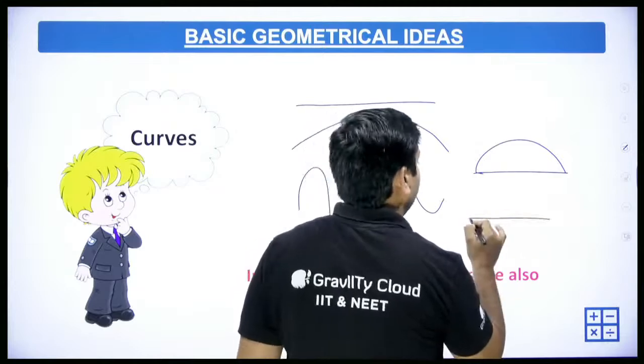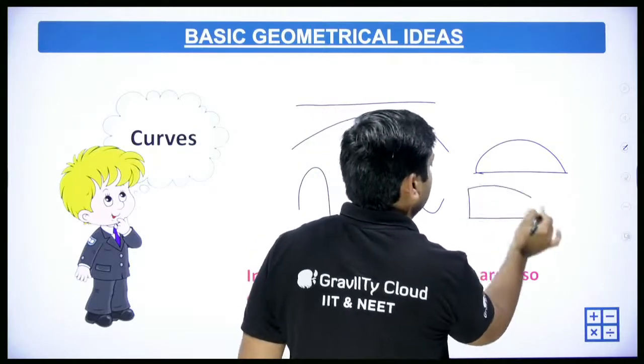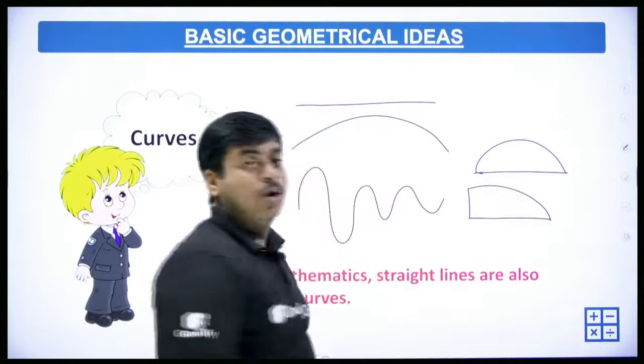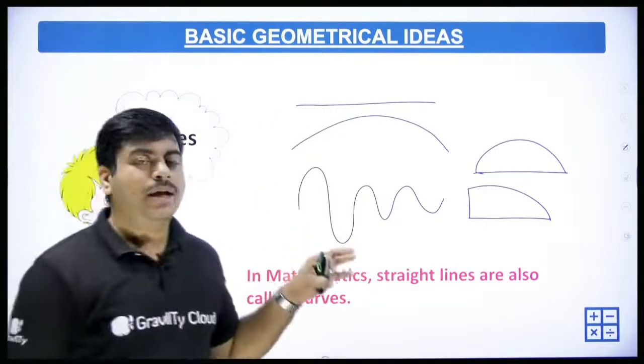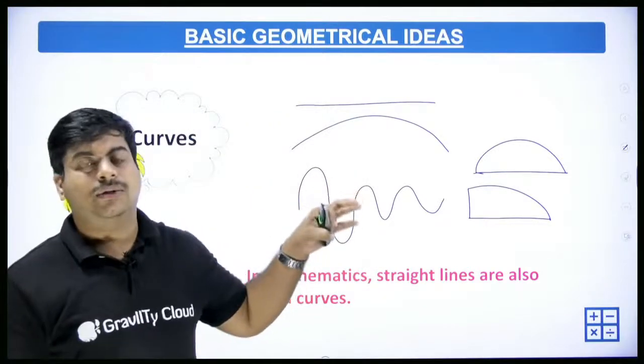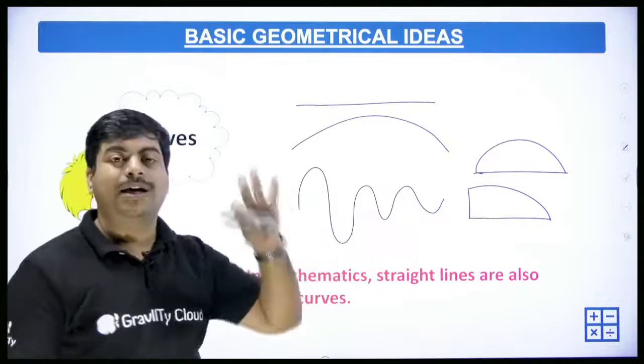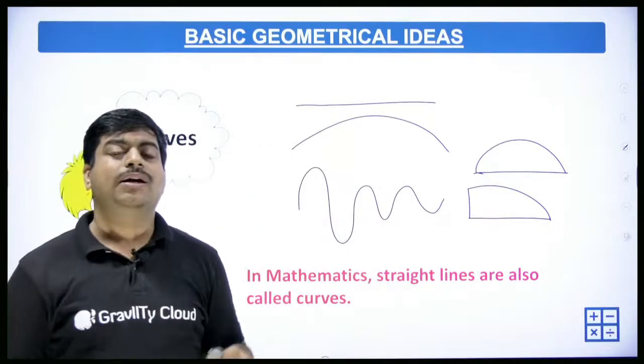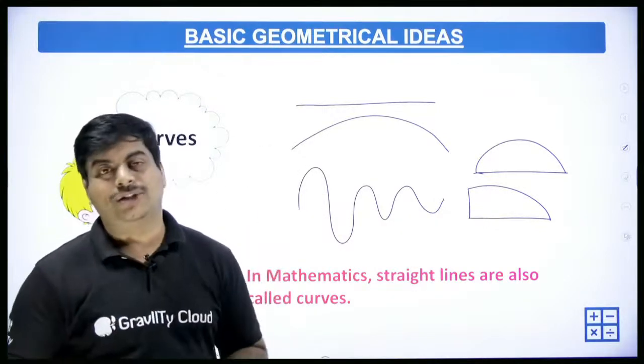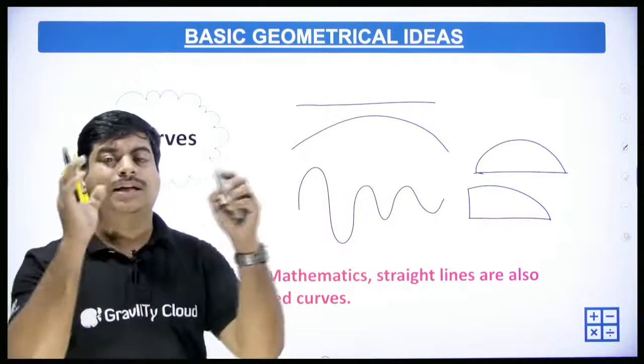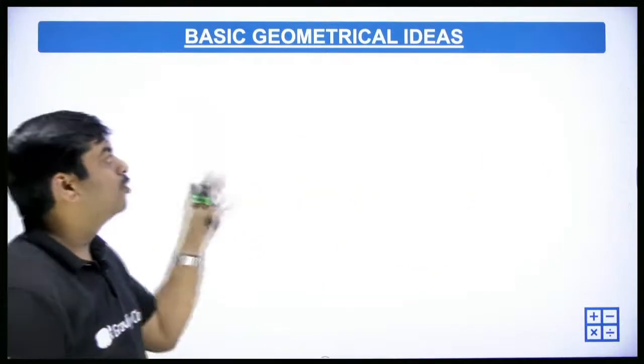A line and one more line and a curve will give you one more shape. So basically, lines and curves, even the line is also considered a curve, together will give us different geometrical shapes.